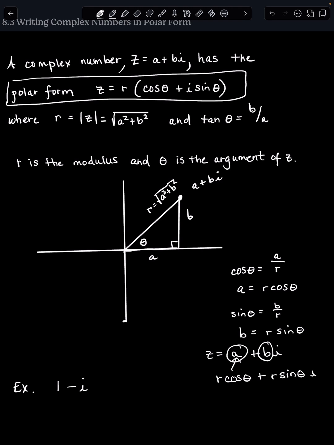All they did was clean up this formula. They factored out an r and came up with polar form being r times the cosine of theta plus i times the sine of theta.